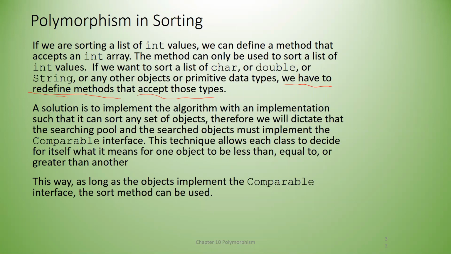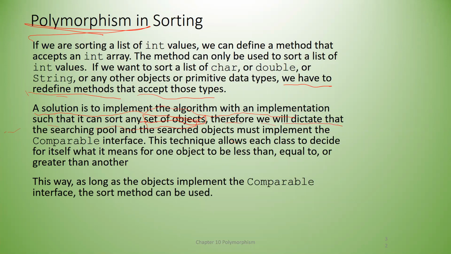To solve that problem, that's where polymorphism comes in, okay? So a solution is to implement the algorithm such that it can sort any set of objects, any, okay, not just int, not just char, but any.